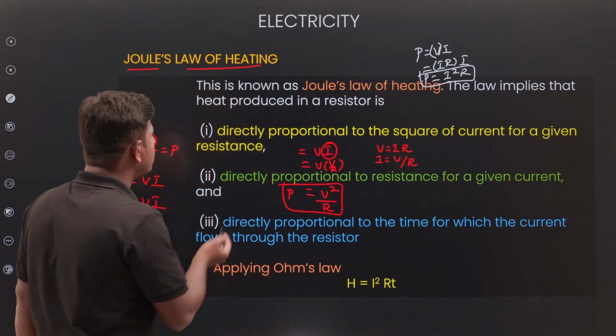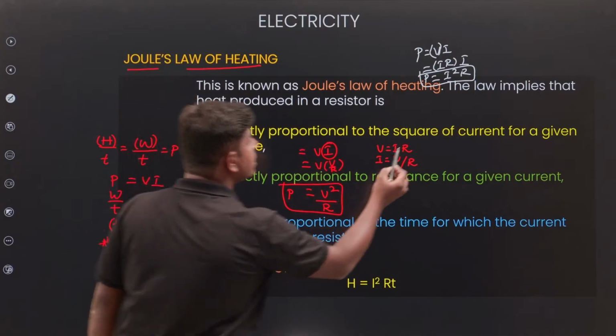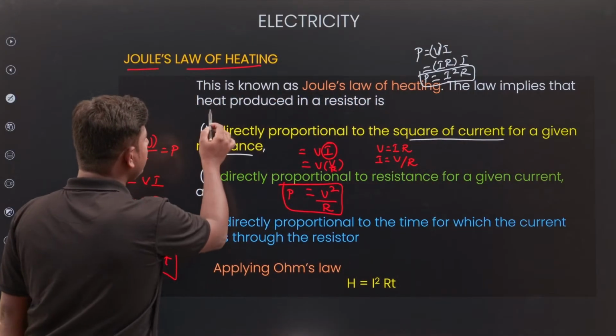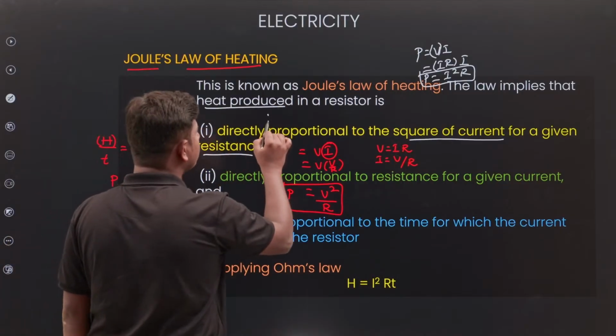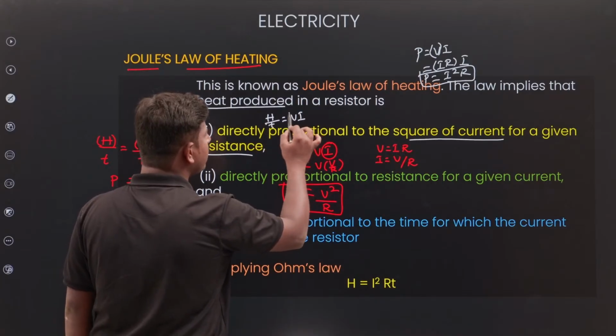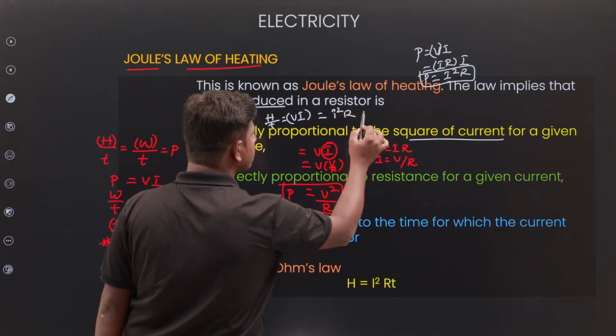So see here, heat is directly proportional to the square of current for a given resistance. See, H by T is equal to VI, how can we write VI? I square R. Then T will go this side.